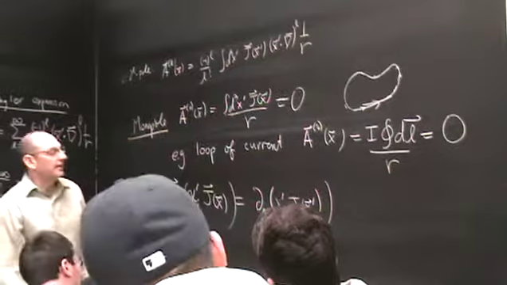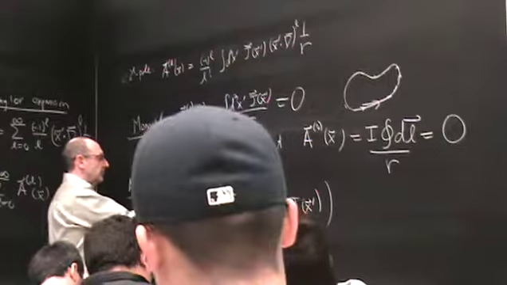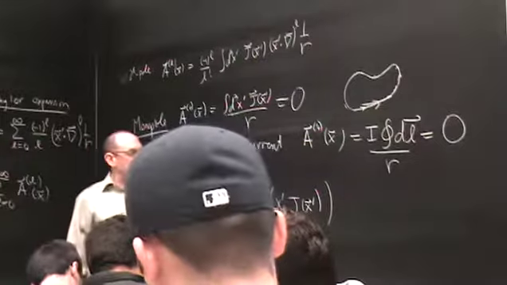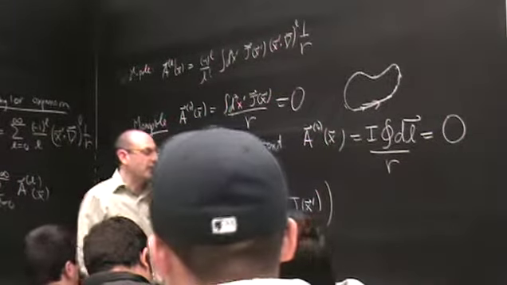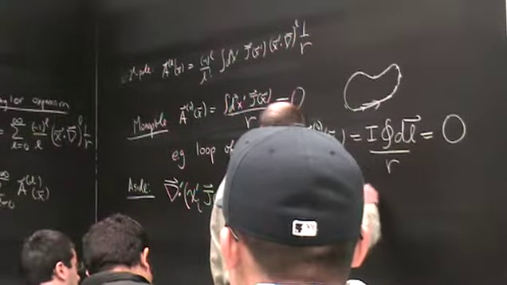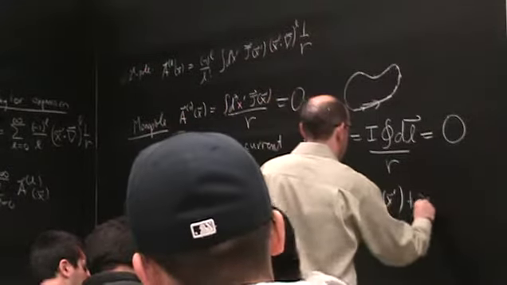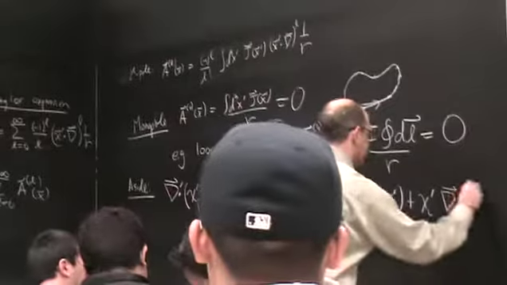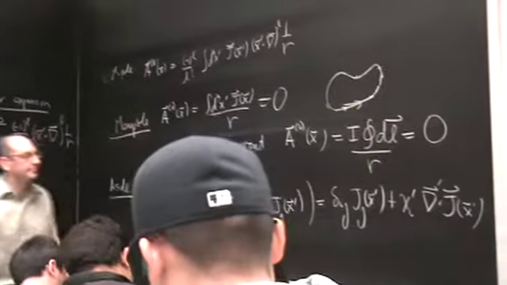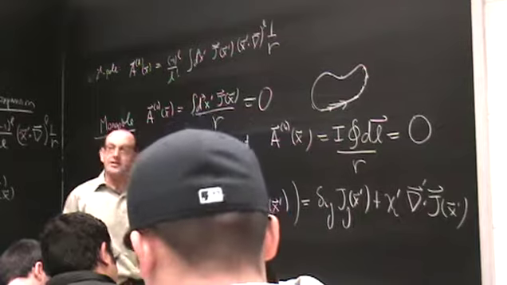Now I can multiply this through, the partial prime, sorry. The partial of x prime with respect to this is delta ij times the current density, plus x prime times del dot j. Right? Because once I get that through, this is del dot j.